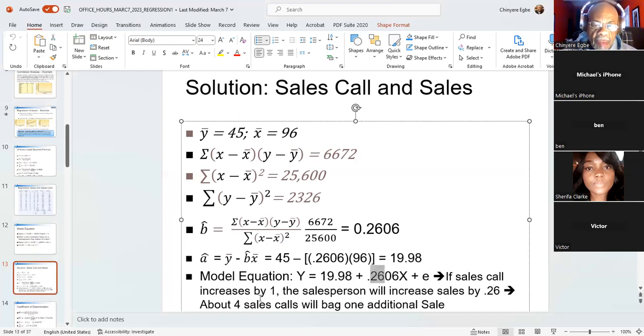If sales calls increase by 1, the salesperson's sales will increase by 0.26. About 4 sales calls will bag 1 additional sale. Okay, if you are persistent, chances are by the time you make 4 sales calls, you're going to have 1 additional sale.